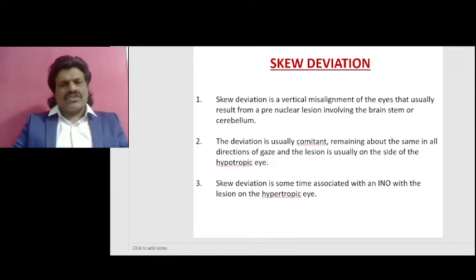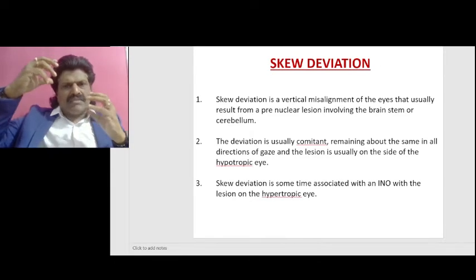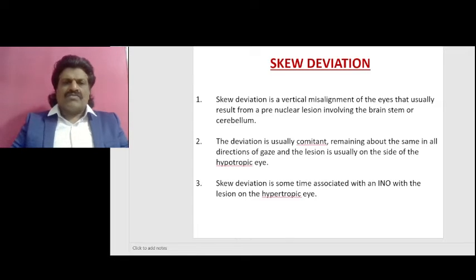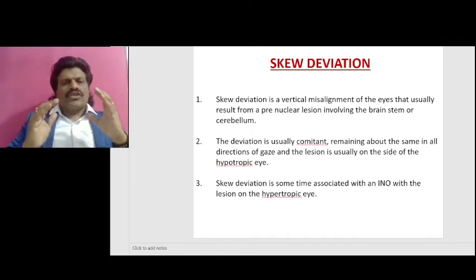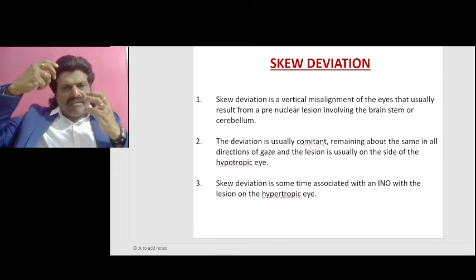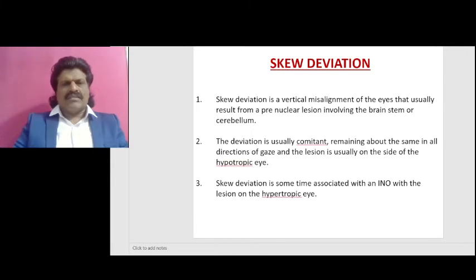Skew deviation is a vertical misalignment of the eyes, as we have just discussed, because of the otolith pathways. It usually results from a prenuclear lesion involving the brainstem, that is the medulla oblongata, or cerebellum.